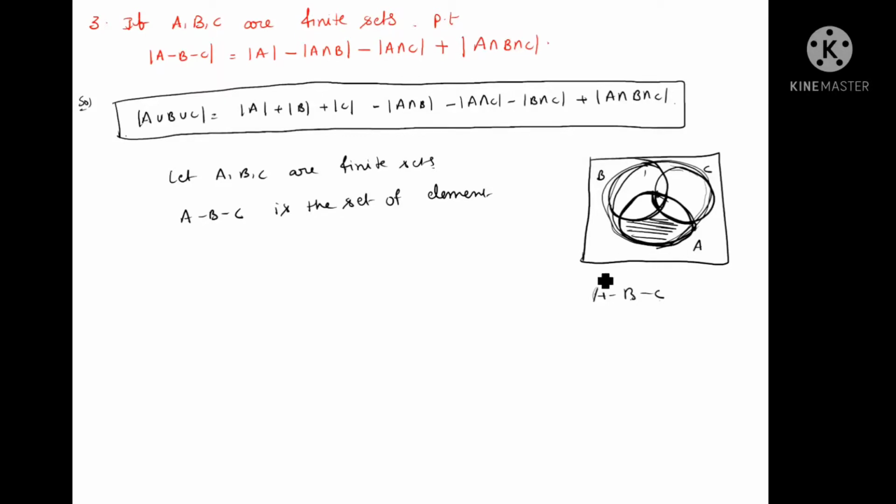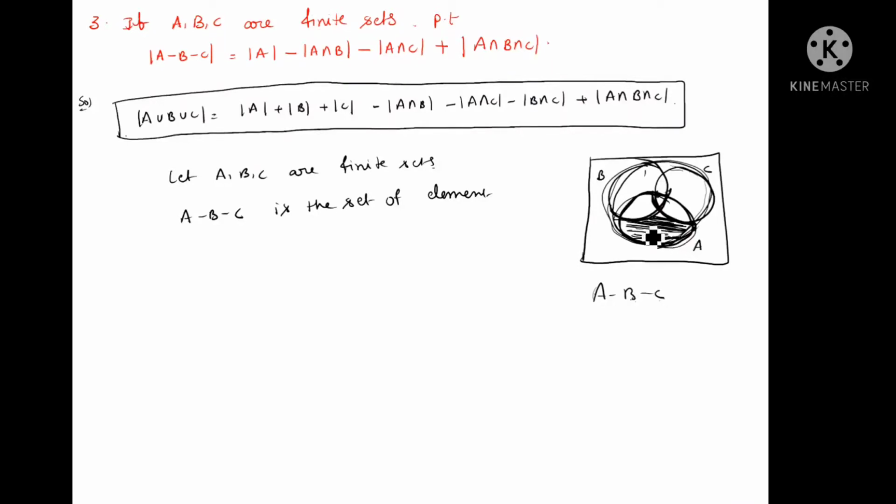A minus B minus C means from the set A, we have to subtract B and C. This means only this one we have to find. Only this one you have to calculate.